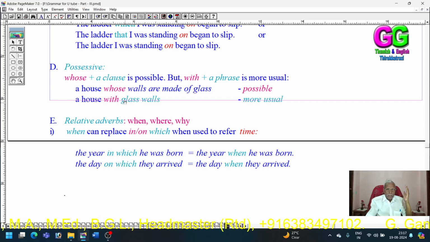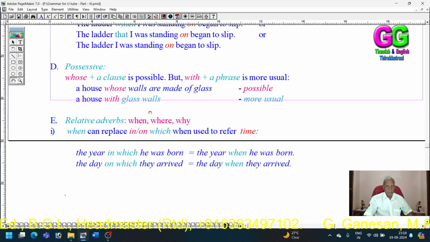In the second example, glass walls is a phrase, with plus glass walls. Whose plus a clause, with plus a phrase. This form is more used than this one.